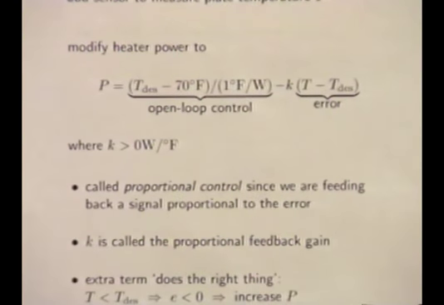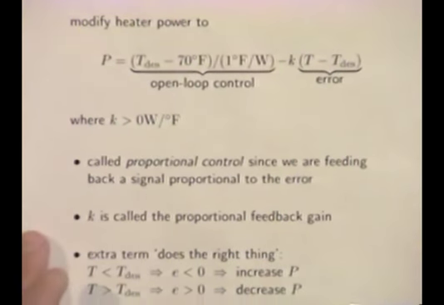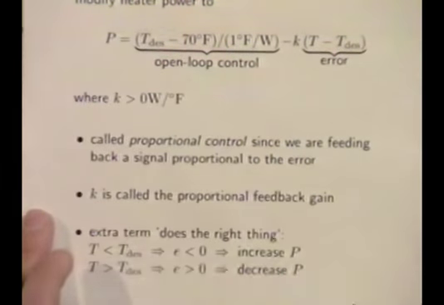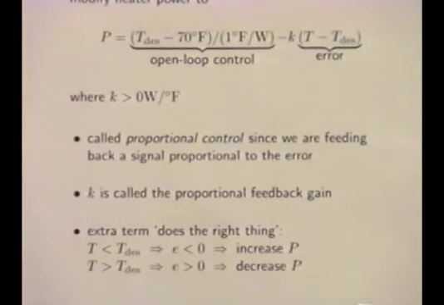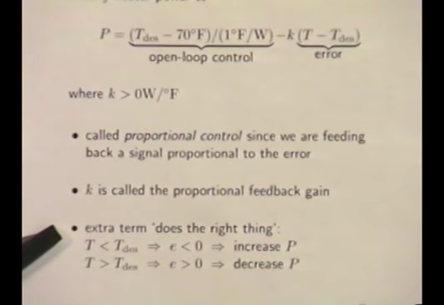So this is called proportional control. And the interesting thing about this control law is it's very simple. It's also very widely used, this type of idea. And it's very important to understand that it does the right thing. In other words, if the plate is too cold, it increases the power. If it's too hot, it decreases the power.